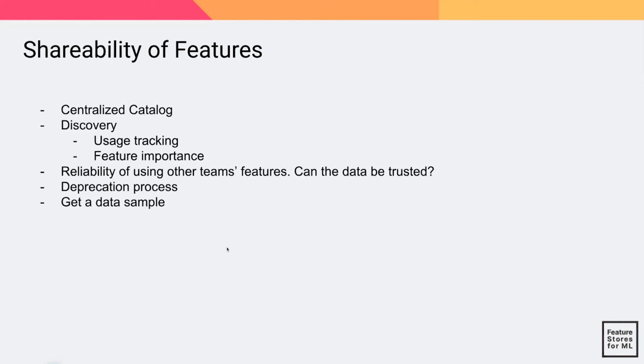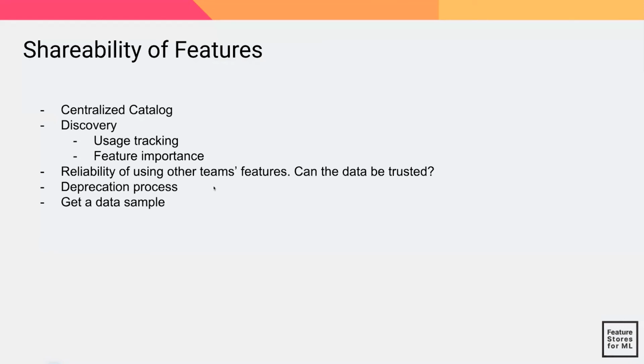The ultimate goal is not to have it just available for people to use, but for people to have a good reason to use other teams' features. So the goal doesn't end at just having it centralized, but at whether people are actually using other teams' features. That's the OKR that we want to be tracking. And to do this, we want to have some system of usage tracking and feature importance to highlight features that certain teams should use, and recommend certain feature sets.